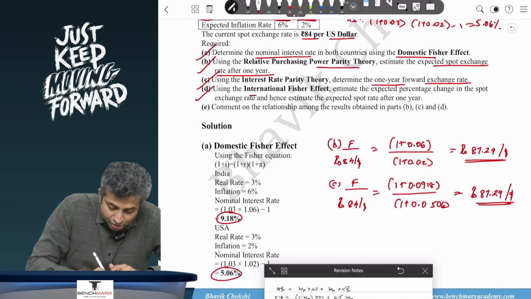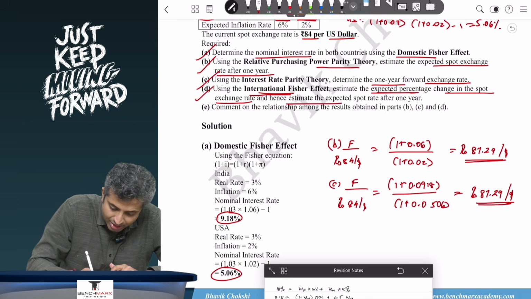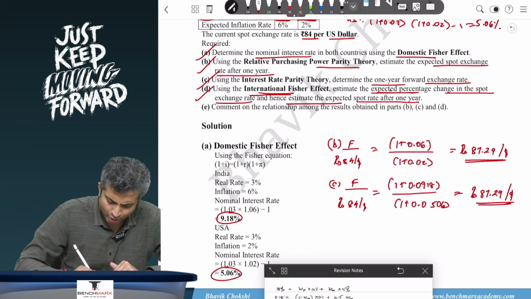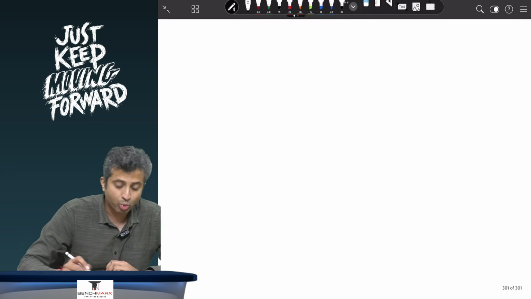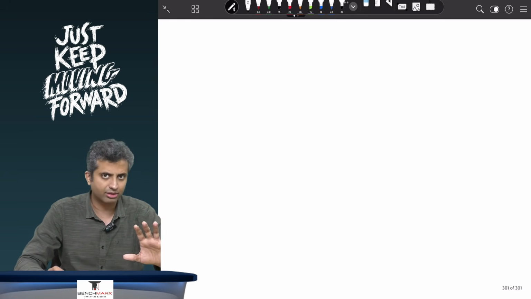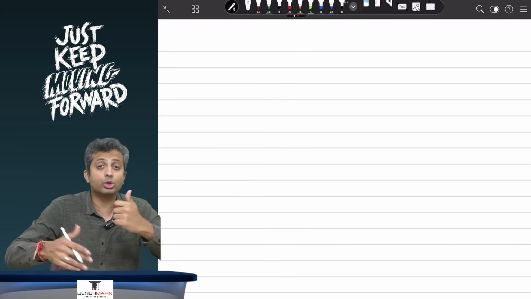Using the international Fisher effect, estimate the expected percentage change in the spot exchange rate and hence estimate the expected spot rate after 1 year. Now, when I look at the international Fisher effect, what will happen? I will try to say that, well, what is the difference in interest rates? That difference is largely due to inflation. He does not use inflation directly.